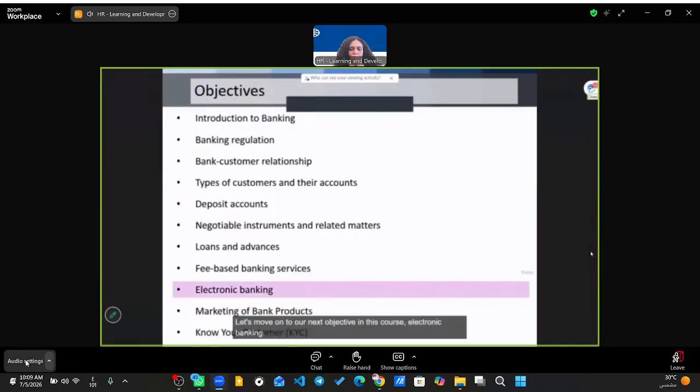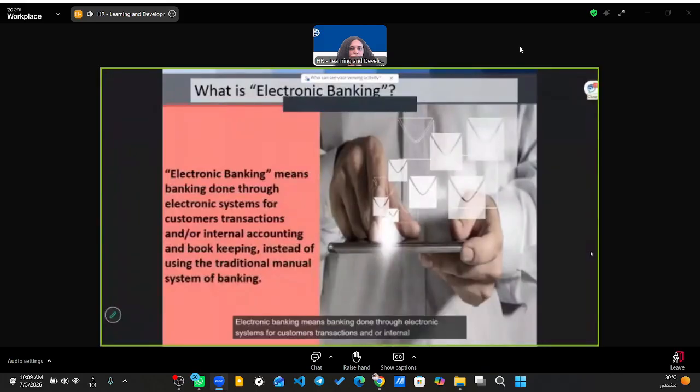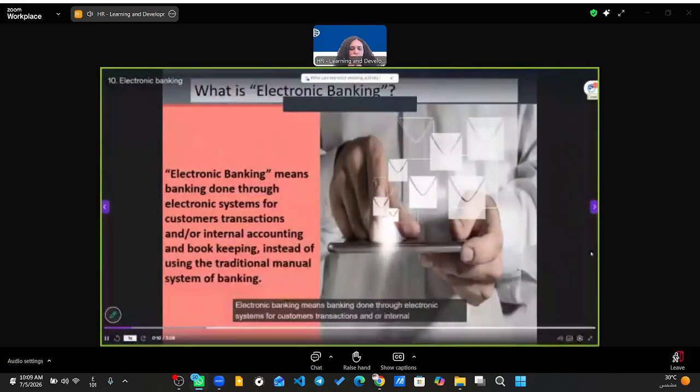Let's move on to our next objective in this course, electronic banking. What is electronic banking? Electronic banking means banking done through electronic systems for customers' transactions and/or internal accounting and bookkeeping instead of using the traditional manual system of banking.